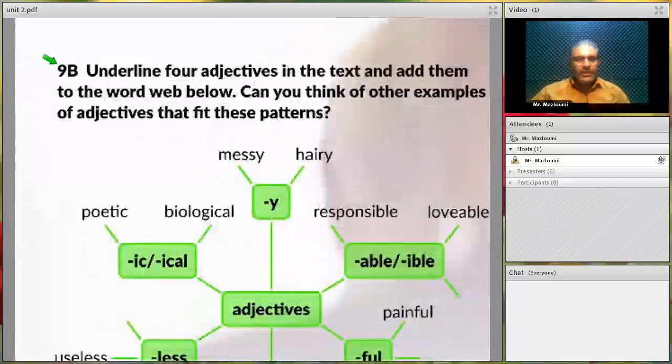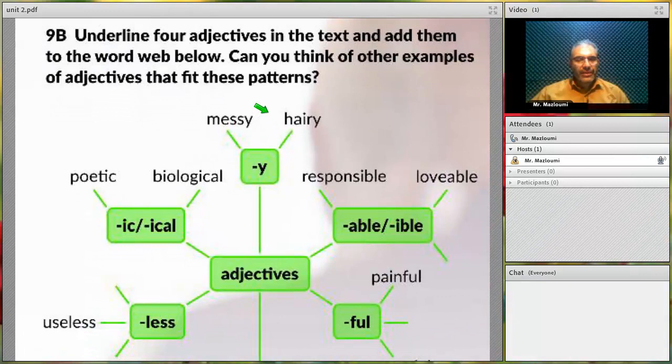Well, exercise 9B. Underline 4 adjectives in the text and add them to the word web below. Can you think of other examples of adjectives that fit these patterns?